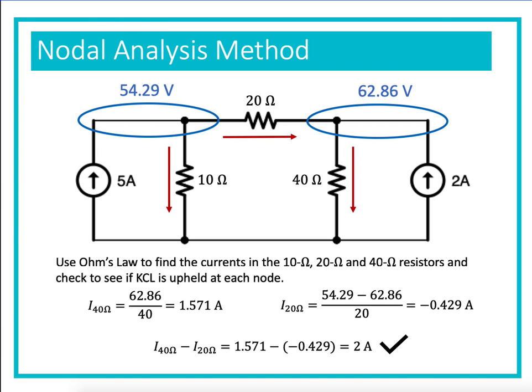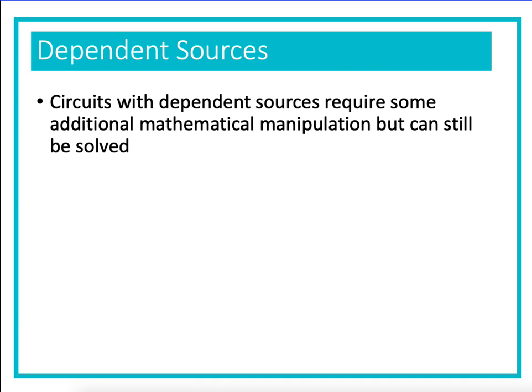The other thing that we want to talk about is, what do you do when you're doing nodal analysis and you have a dependent source? We haven't done a lot of problems with dependent sources, but they do come up. So what do we do? We do the same thing, but we have to do a little bit more math to make the circuit solvable.